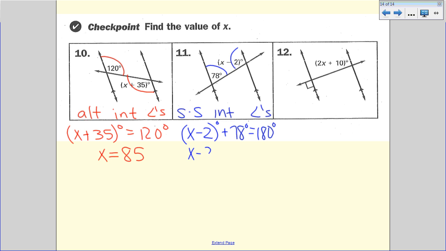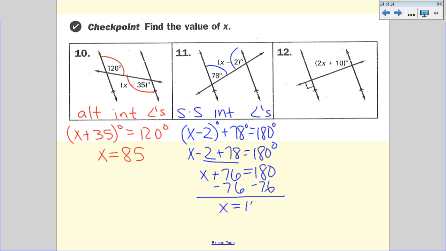So we have x minus 2 plus 78 equals 180. Combine together those like terms, you actually end up with x plus 76 equals 180. Subtract the 76. And so you get x is equal to 104.